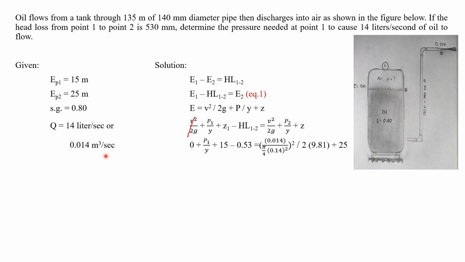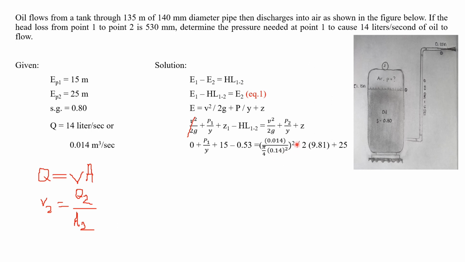Using the equation Q is equal to V times A, we can get V sub 2 is equal to Q sub 2 over A sub 2. Plugging in all the values, we have V sub 2 is equal to 0.014 over the area, which is pi over 4 times the diameter of 0.14 meters squared.